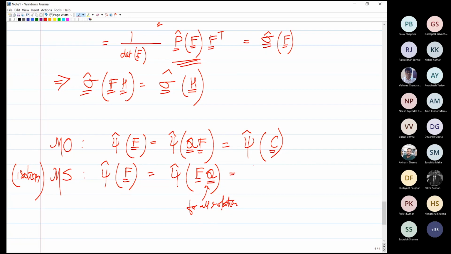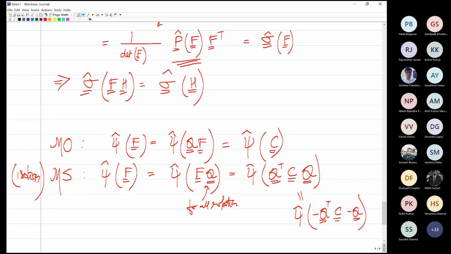which implies what happens to C, you see, because psi hat has to be a function of C from objectivity. So how is C transforming? If F changes to FQ, how does C transform? So you can show that it is then going to change to Q transpose CQ. But also notice that this is same as psi hat of minus Q transpose into C into minus Q, because two minuses cancel and become 1.